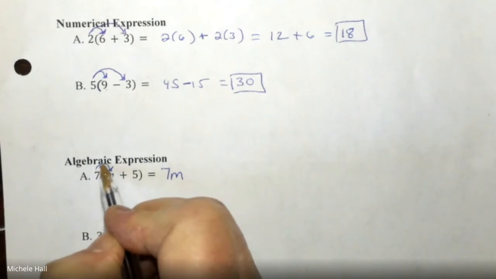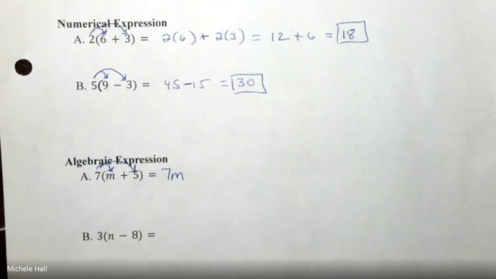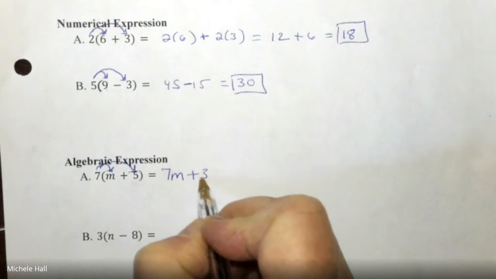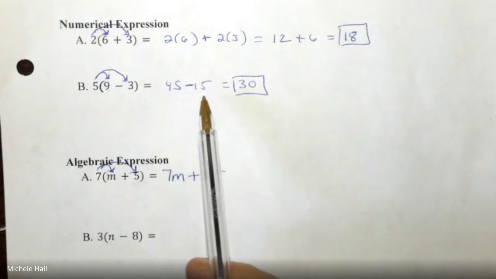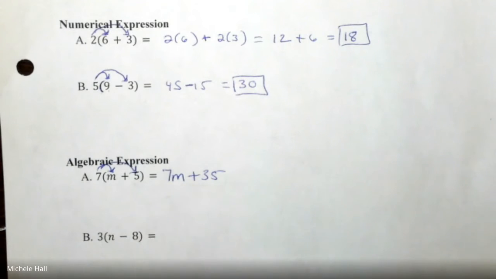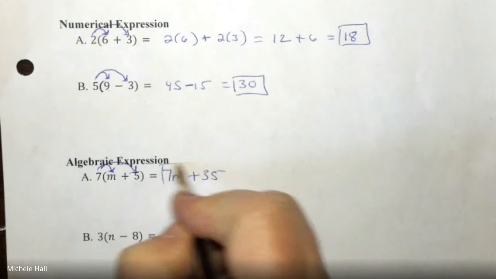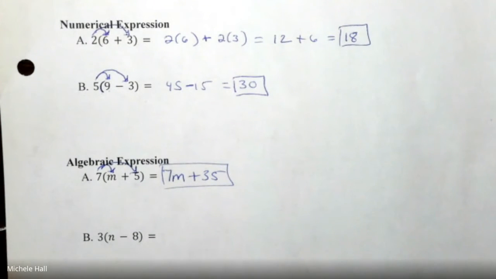And then we also have 7 times 5, so that's a positive 35. Can I add 7m and 35 together? No. I need to have like terms. I can only add numbers with numbers. I can only add m's with m's, x's with x's. So that's as far as I can go on this problem. If I knew what m was, I could go further.